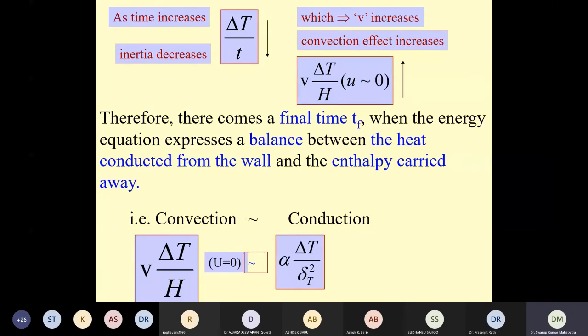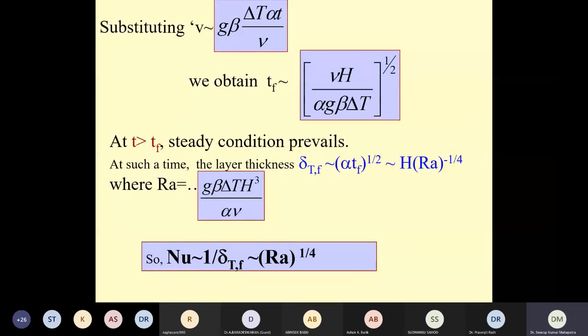So at the end of it, the velocity depends on g beta delta T alpha upon nu, and similarly the thermal time period, that is, the period of transience, is given by this.